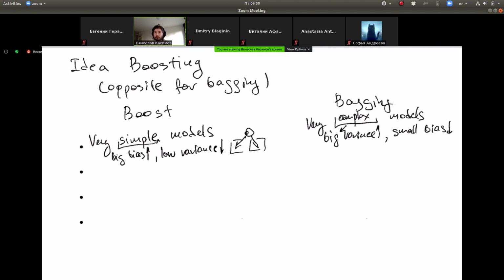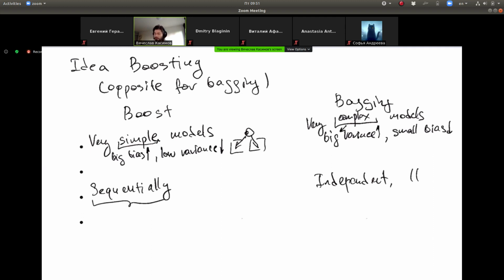Okay. So next, we will build our models sequentially in boosting. And as you remember, in bagging, they're independent, so we build them in parallel.